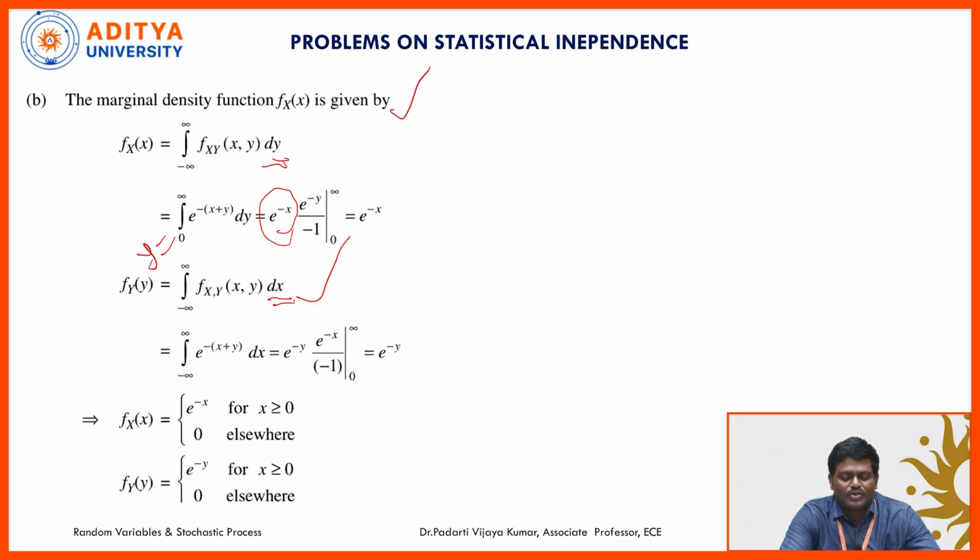Integrating e power minus y over the limit 0 to infinity, I will get 1. So fx of x is e power minus x, and it is valid for x greater than 0. Similarly, fy of y, you do the integration with respect to dx. While integrating with respect to x, e power minus y is a constant, I am bringing it outside, and the integral value will be 1. Here also y greater than 0. So fx and fy are computed.